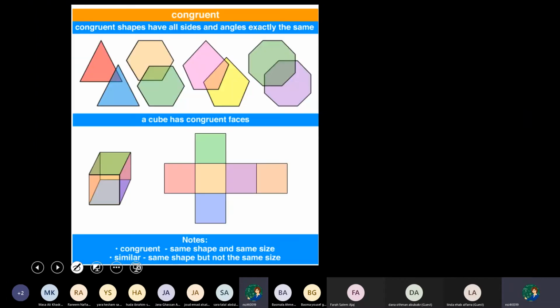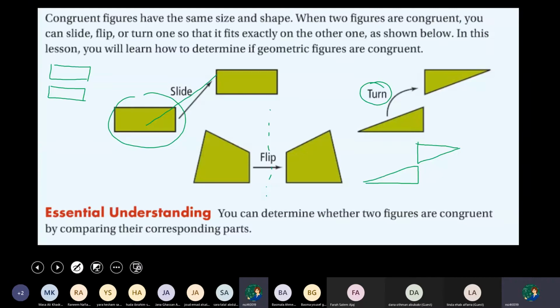What does it mean? That means I have to compare this part with this part. If these two corresponding parts are congruent and the other elements are congruent, I will say that these two shapes are congruent. Later on, I will talk about it.